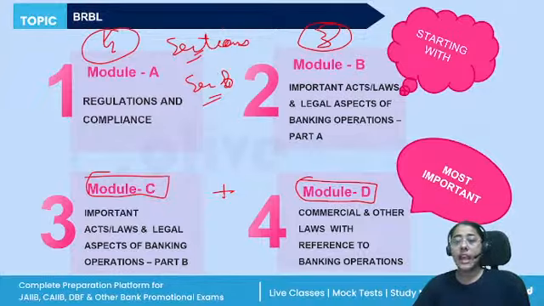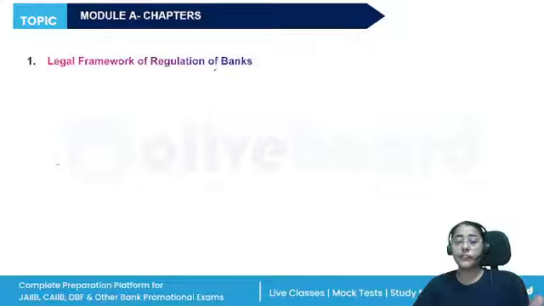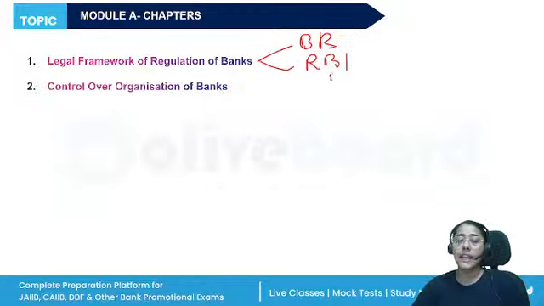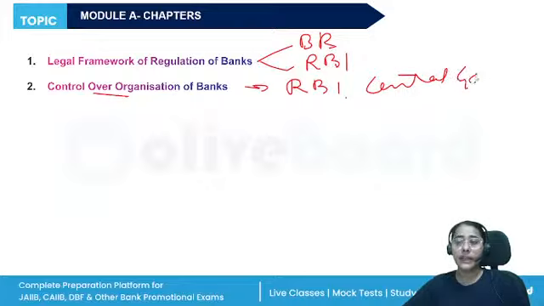All right. And if we talk about the syllabus, so first unit from module A is legal framework of regulation of banks. So introduction to the Banking Regulation and RBI Act. Then control over organization of bank. Again, who has control? RBI has control. Primary regulator. Some powers are also given to central government to give directions to RBI.